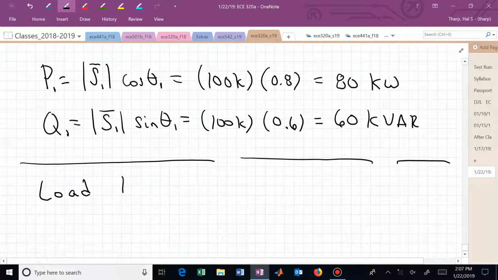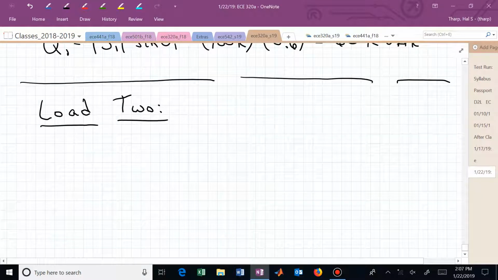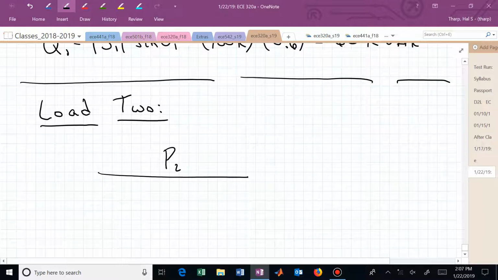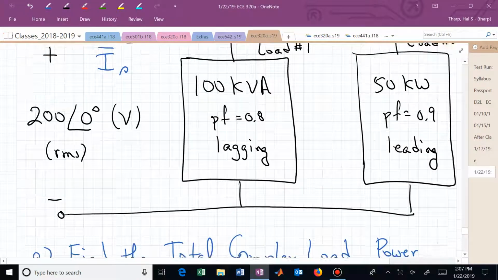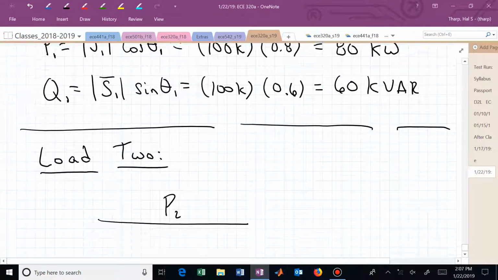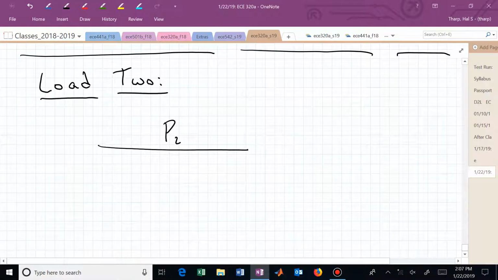Let's compute those now. For load number 2, we were given the following information. We were actually given P2, the horizontal length. We were told that it was leading, so now we know that we're going down relative to P2.